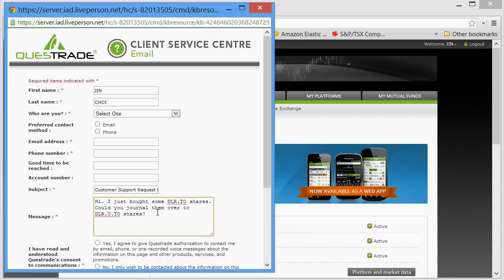And once that's done, all you need to do is sell the DLR.U.TO shares from the same account that you bought it at. And when you sell it, you'll notice that what you have left is actually US dollar cash. So doing this really costs you very little.